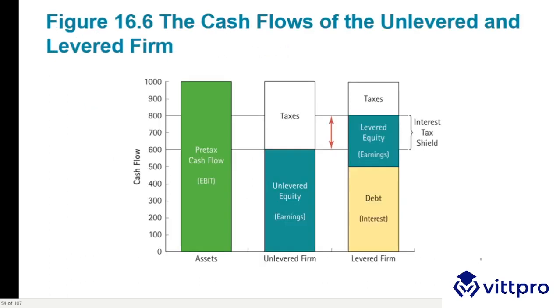The value of the companies will increase only by the tax shield. So how much money they have taken on loan times the tax rate will be the increase in their market value whenever they take a loan, because of the overall tax savings in the company.